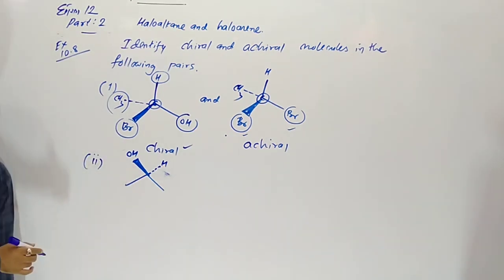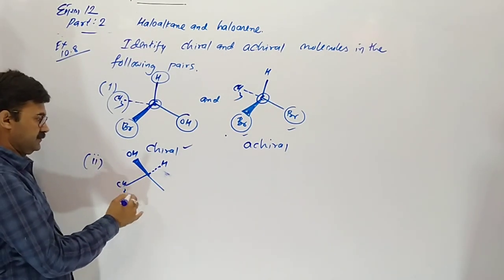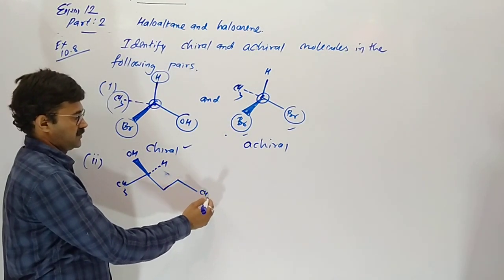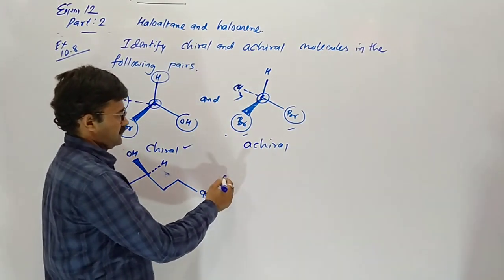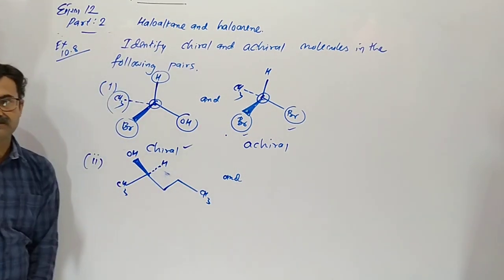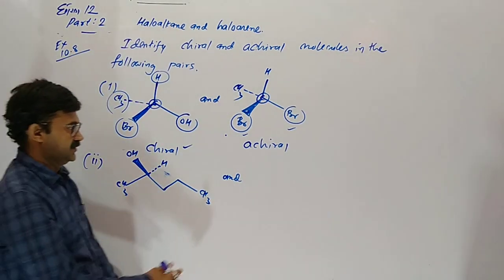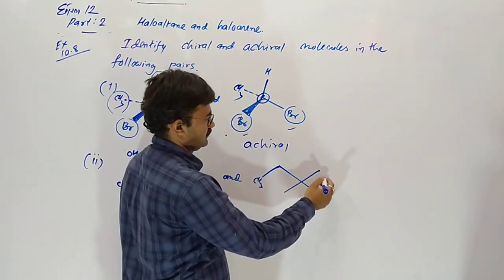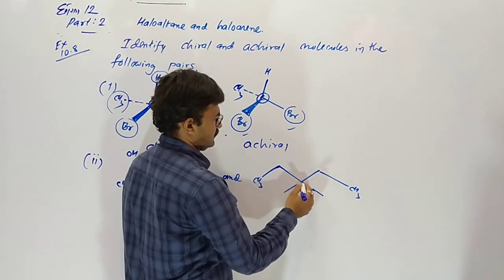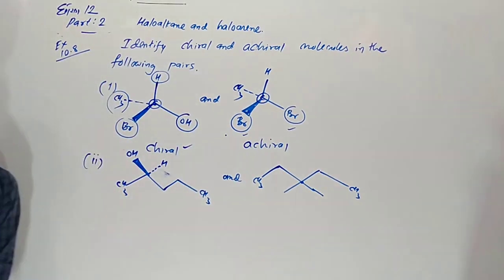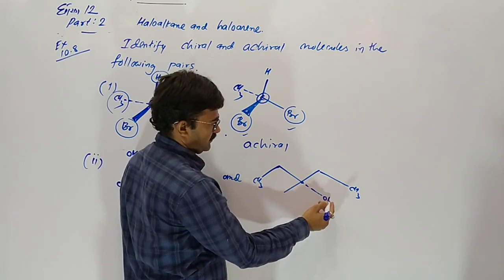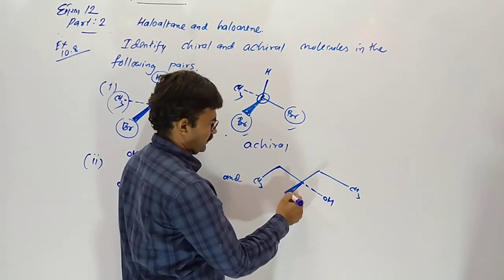Now CH3, then here CH3, and another CH3. H and OH: OH is behind the paper, H in front of the paper.